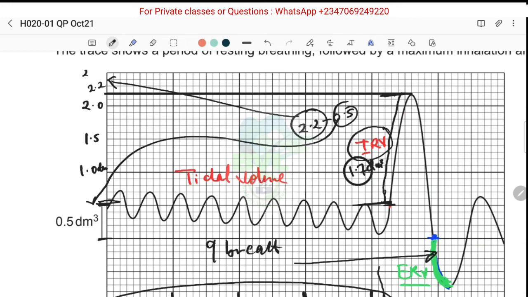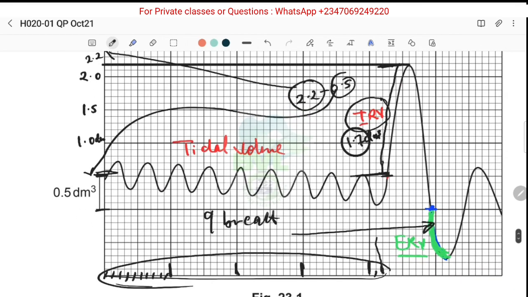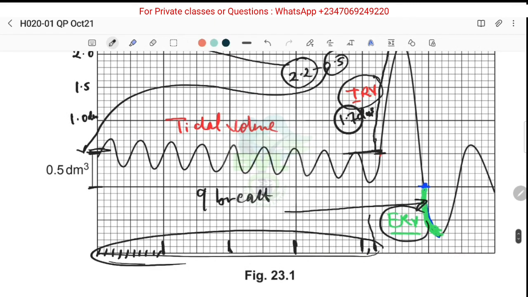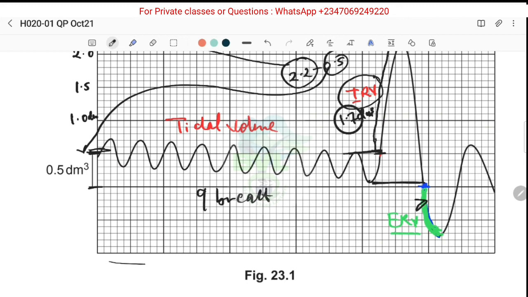All right, then the next thing is we're supposed to look for expiratory reserve volume, which is the extra air the person still exhaled after the normal breath, which ends here. The same thing applies. It is from here to here is 0.5, this is going to be 1.0, and this is going to be 1.5.